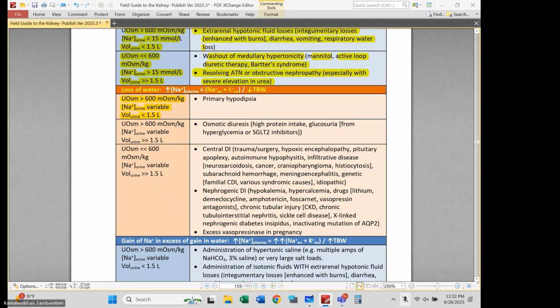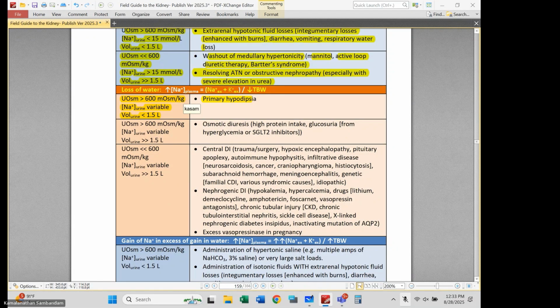If I see a patient who has urine osmolality that's quite high, urine sodium that's not low, and urine volume that is relatively low, a patient that would fit that would be one with, for instance, primary hypodipsia.